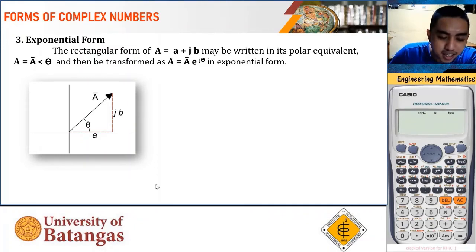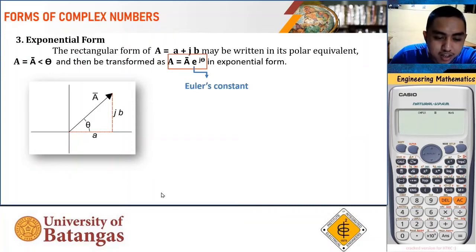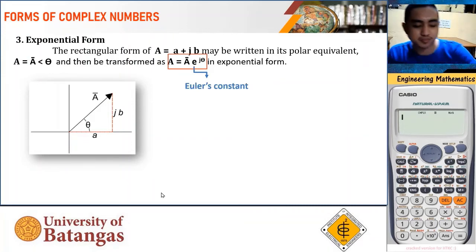So, ito ang ating exponential form. So, ito yung ating Euler's constant. Okay, so simple lang naman.